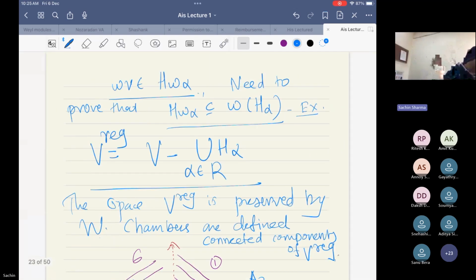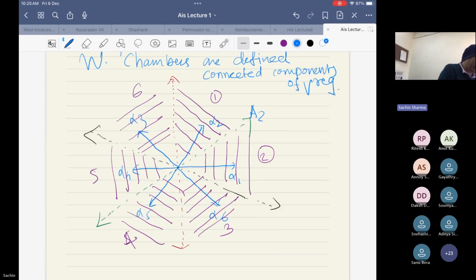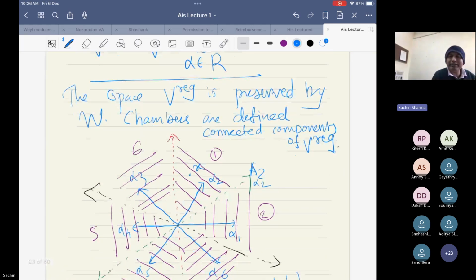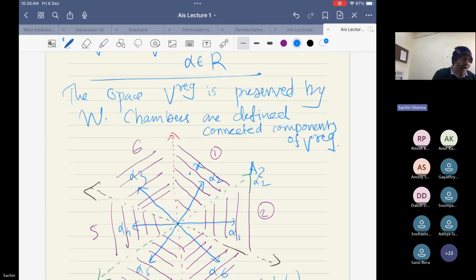Suppose x lies here. What about this alpha 1, alpha 2, alpha 3 and all these? What is the inner product with these alpha i's? It's non-zero. Why? Because x doesn't lie on any of the hyperplanes. It's very simple.